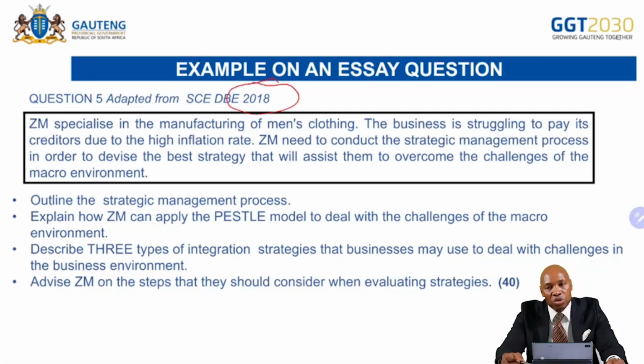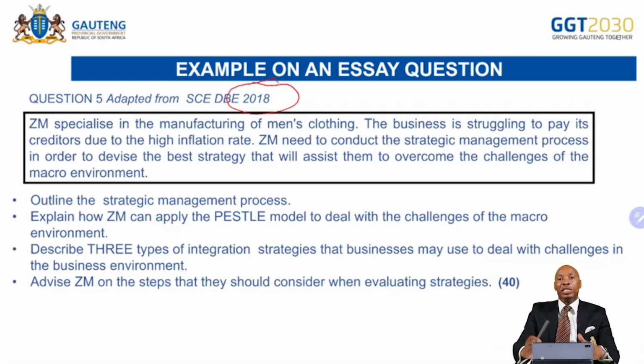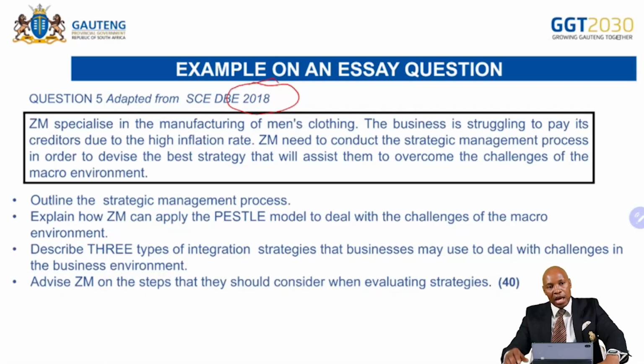You can just use that question paper to check on this example of an essay. Right, remember, what are we doing, by the way? We are on business strategies. Everything was centered around the strategic management process.